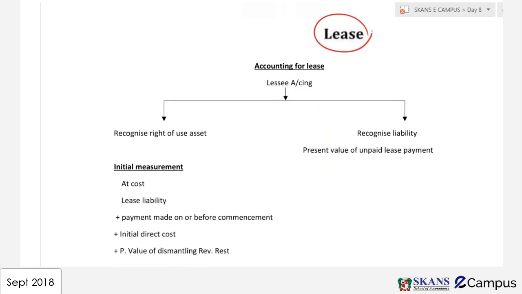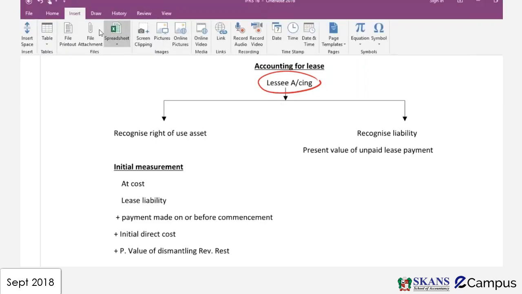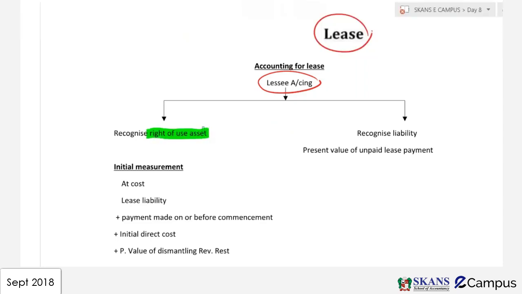In lessee's accounting, for every lease, the lessee has to recognize an asset called right of use asset, and they have to recognize a liability called lease liability for every type of lease. So for lessee, there is no operating or finance lease.